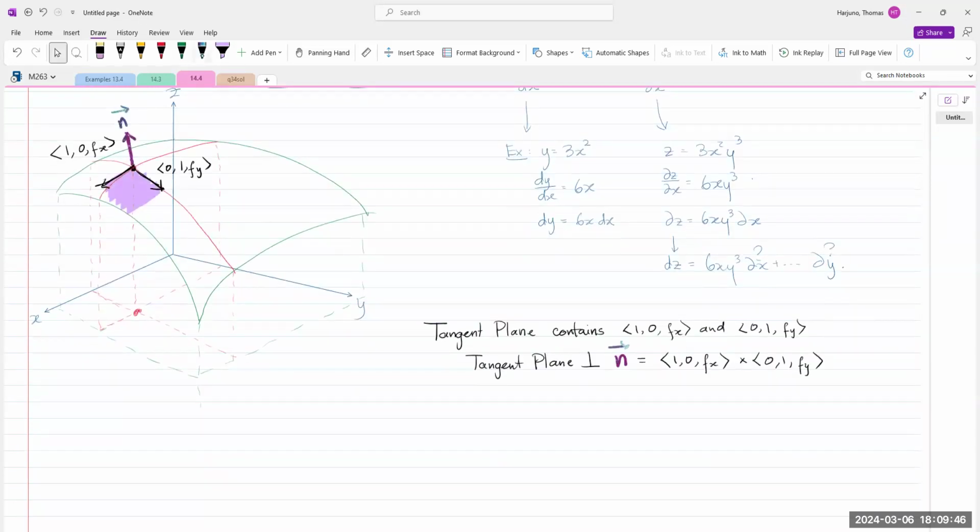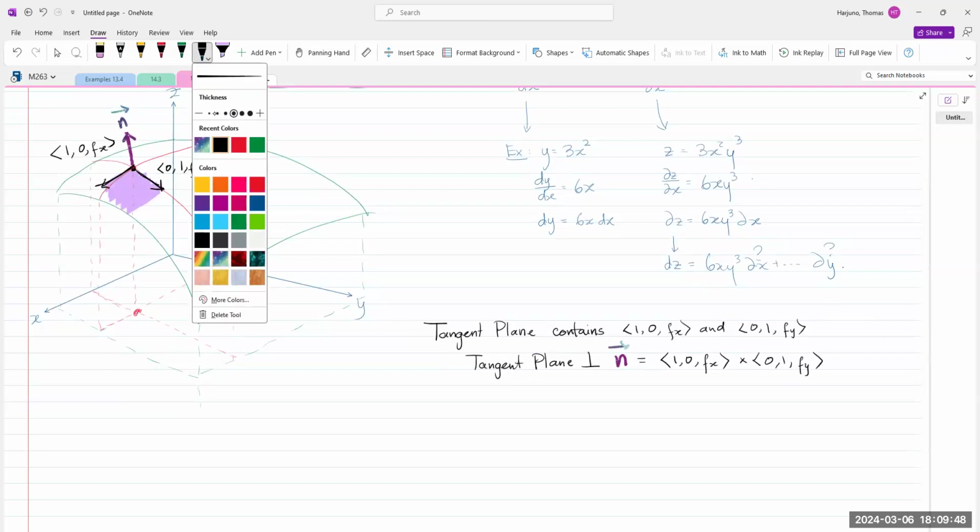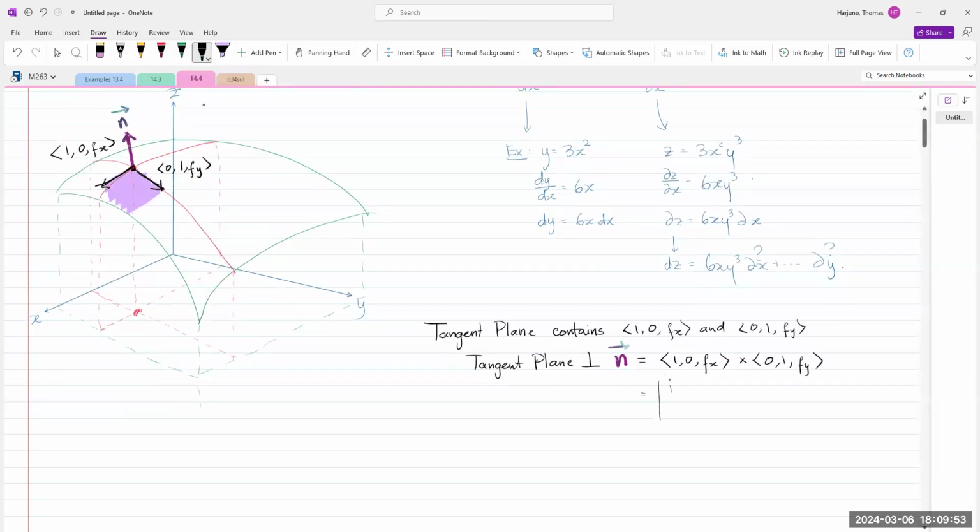Which is given by the determinant of i, j, k, 1, 0, f sub x, 0, 1, f sub y. And you will see this is negative f sub x, negative f sub y, comma 1.